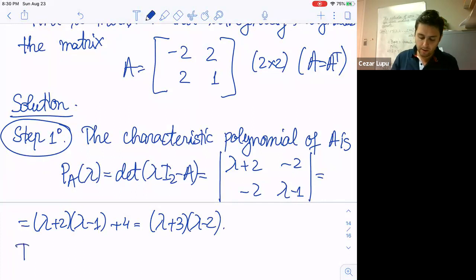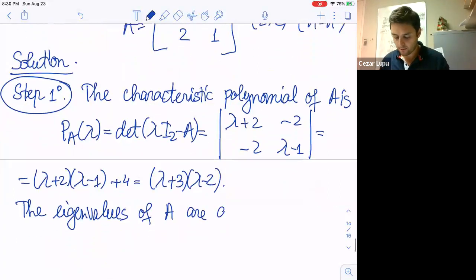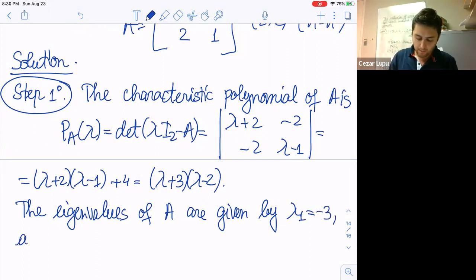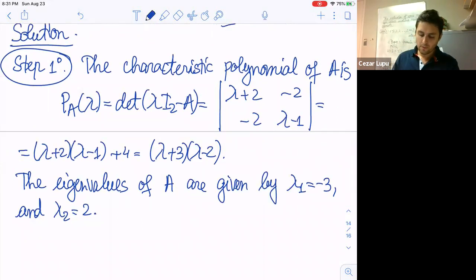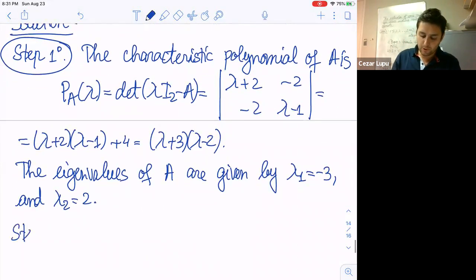So the eigenvalues of A are given by lambda 1 equals -3 and lambda 2 equals 2. Okay, step 2.